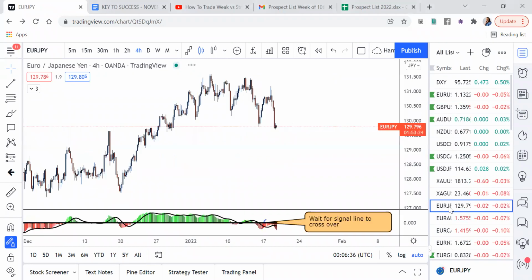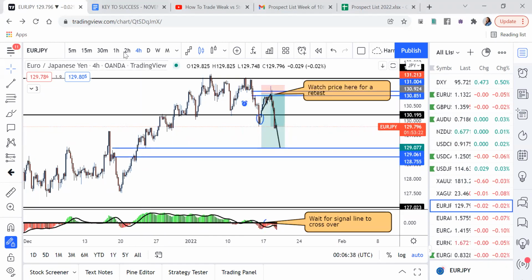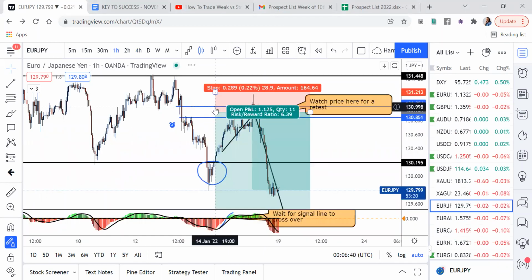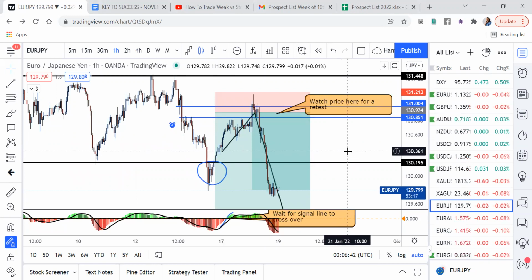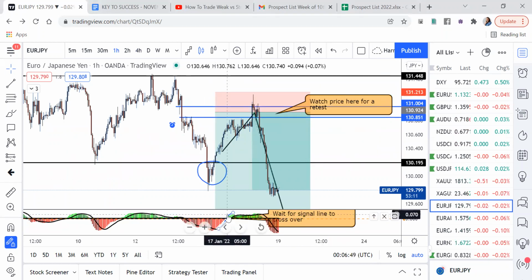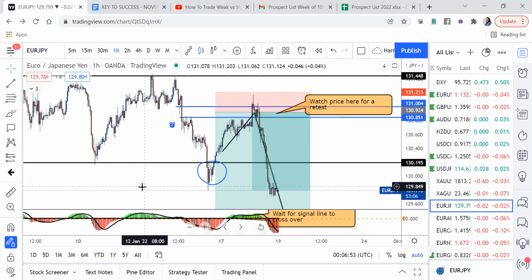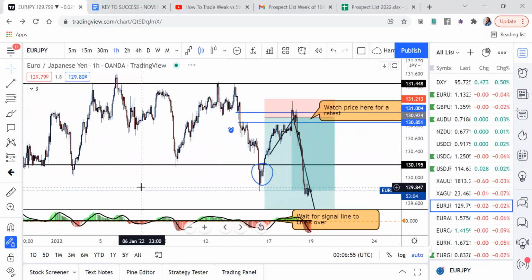I sent out on Sunday, I spoke about two setups, well, more than two, but EURJPY and GBPJPY started our plays for the week, right? So let's go straight into it.